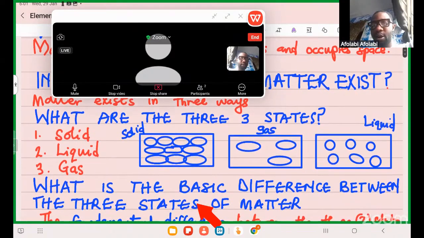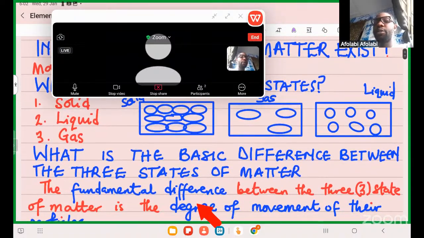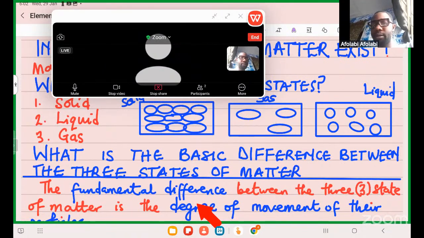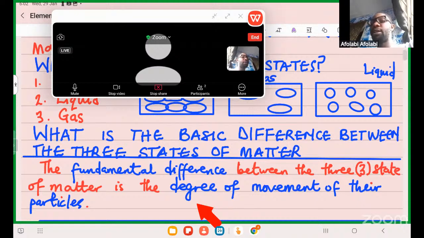All right. So now, another question has been posed here, and the question says, what are the three states of matter? What is the basic difference between the three states of matter? The difference is the degree of movement of the particles.